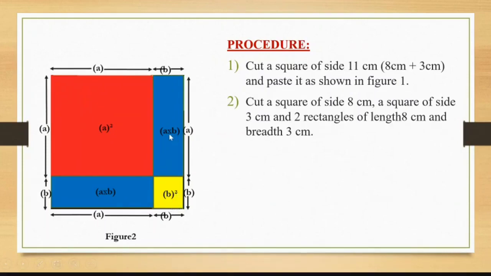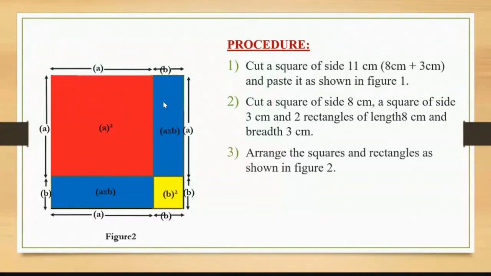And two rectangles of length 8 and breadth 3 centimeters, so the area comes out to be a × b. Now I have pasted them, and you can see that the green square of side a + b units, that is 11 centimeters, has been completely covered by a², b², and two rectangles of sides a and b. So that was the third step.